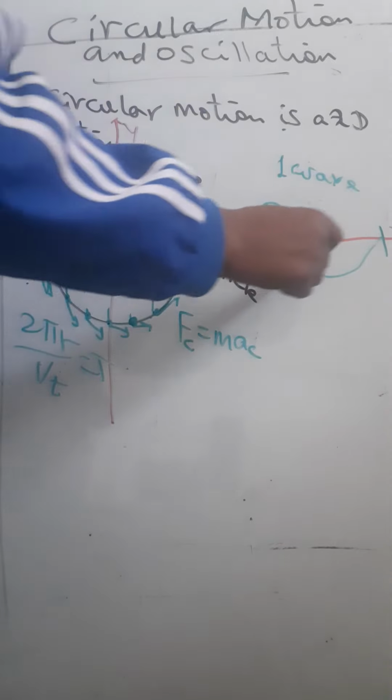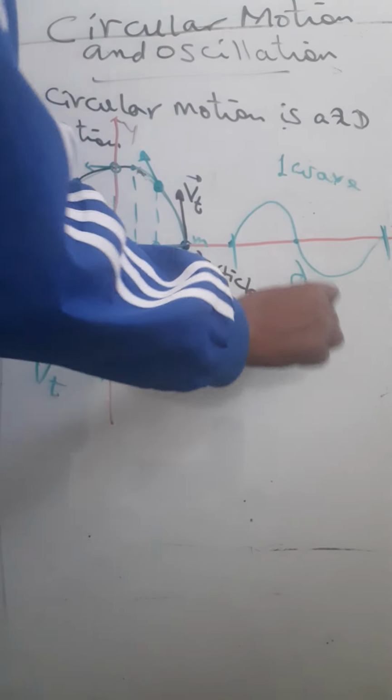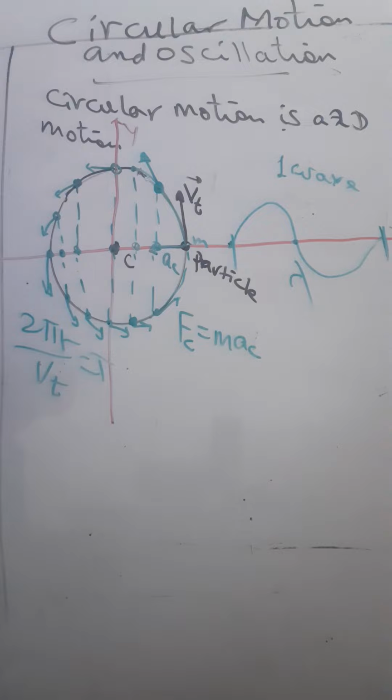So the distance moved by the wave is the wavelength lambda. So you can associate any quantity here to an oscillation.